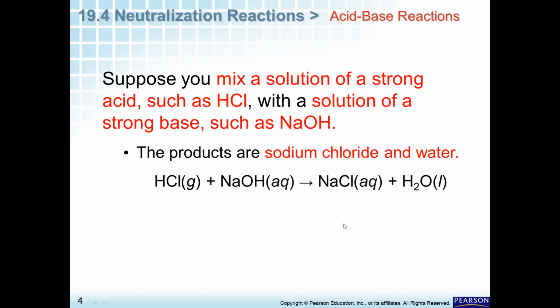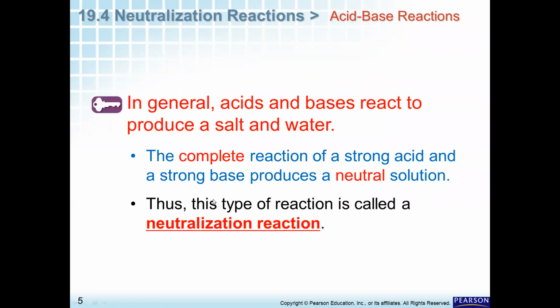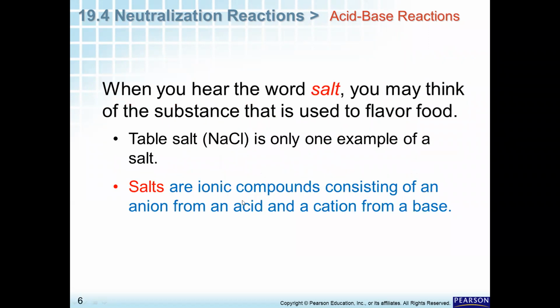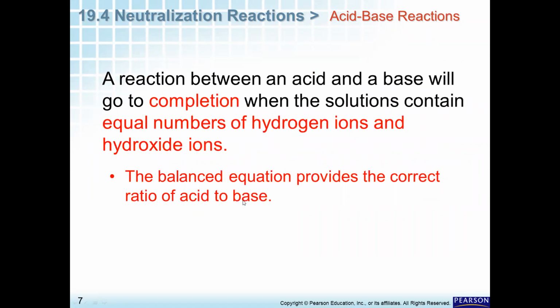When they react completely, the number of moles of sodium hydroxide and the number of moles of H plus are equal. So that's what is stated here: whenever they go to completion, an equal number of moles, or equal number of ions, of both OH minus and H plus are present.